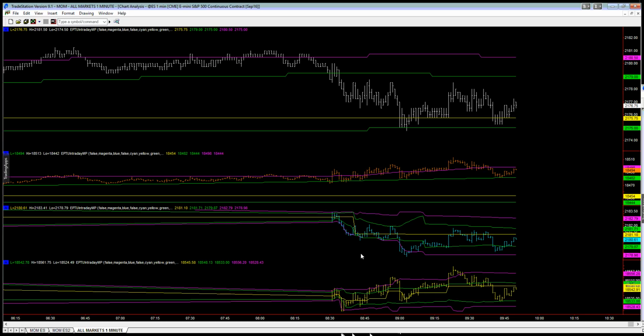But as the market moved up, the INX moved up into the upper value area and found resistance. And there's where we saw the markets make their initial larger drop.